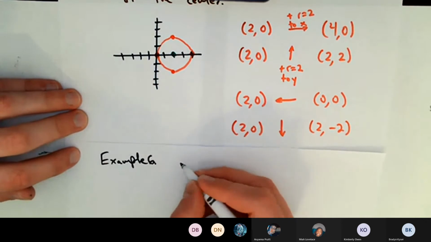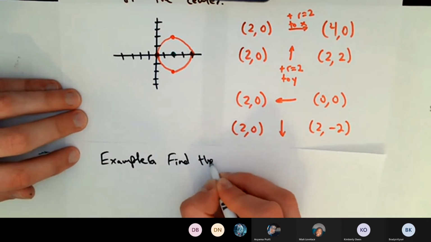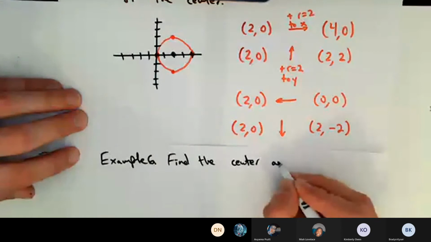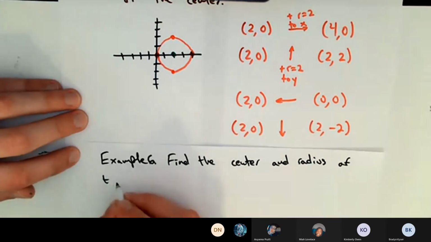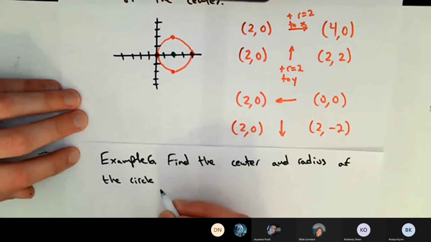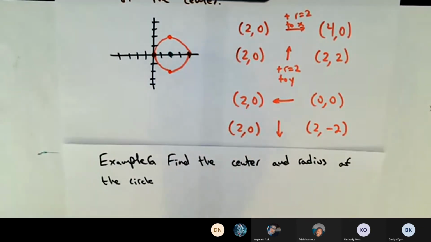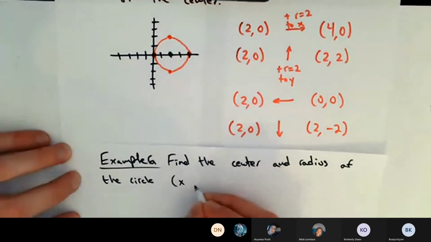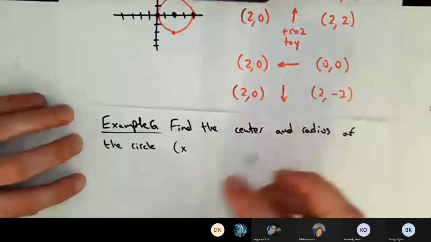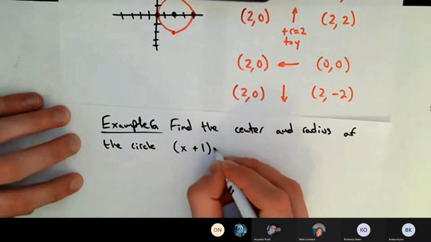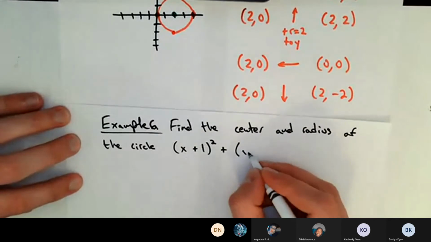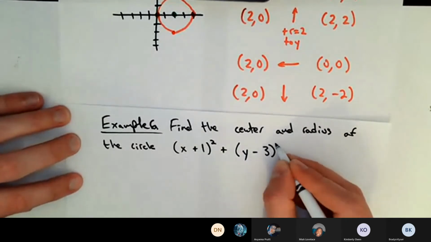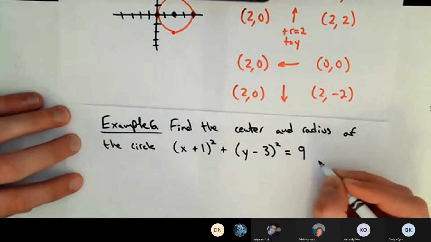Find the center and radius of the circle (x + 1) squared plus (y - 3) squared is equal to 9.